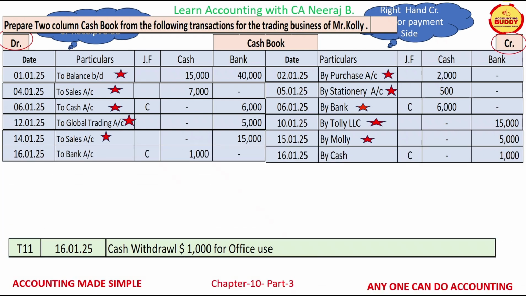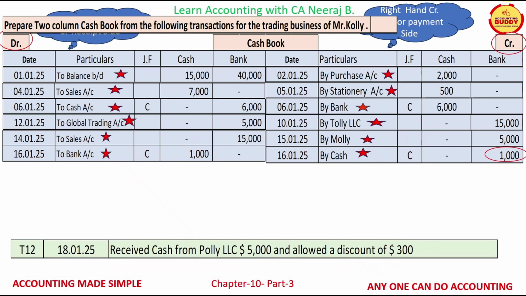Cash is received therefore on 16th of January 25 by writing the words to bank account $1,000 will be recorded in the cash column on the left hand debit side of the cash book. On the same date, that is 16th of January 25, by writing the words by cash account $1,000 will be recorded in the bank column on the right hand credit side of the cash book. Since it is a contra entry, it will be represented by writing the letter C in the journal folio column on both the sides of the cash book.